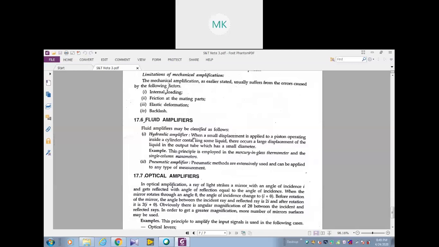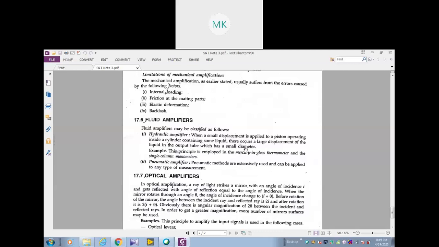Hydraulic amplifiers: when a small displacement is applied to a piston operating inside a cylinder containing some liquid, there occurs a large displacement of the liquid in the output tube which has a small diameter. This is the hydraulic amplifier.